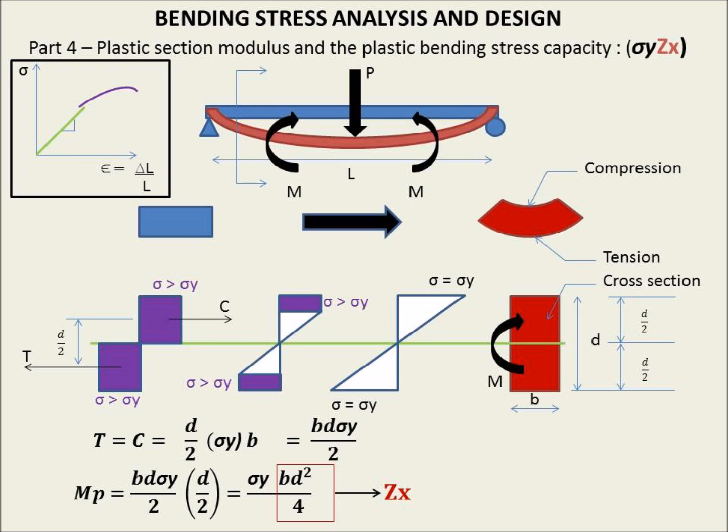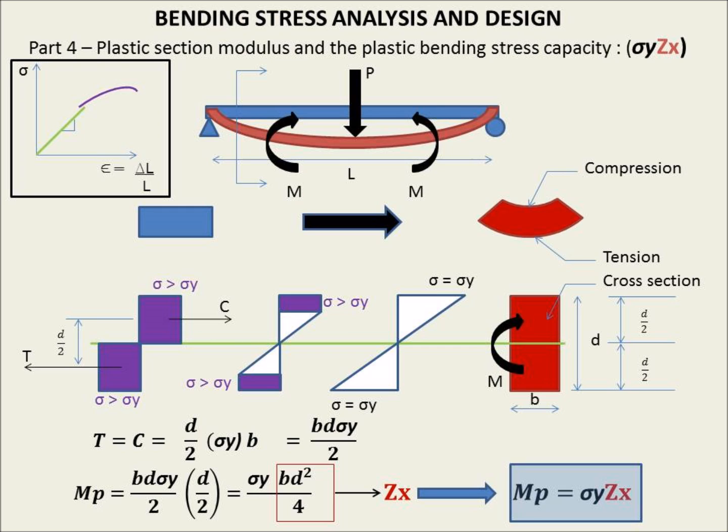And this object here, B D squared over 4, is the plastic section modulus for a rectangular cross section. This allows us to know exactly how much moment we can apply to a given cross section, in this case a rectangular cross section, that will cause the entire section to reach its yield stress, similar to the elastic section modulus.